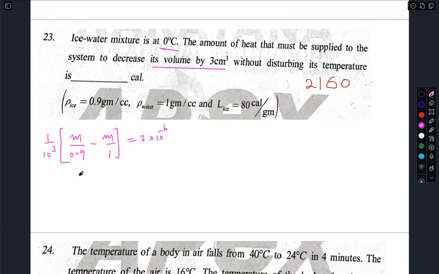So you got this one as 0.1 by 0.9, 1 by 9 times m is equal to 3 into 10 power minus 3. M is 27 into 10 power minus 3. Boys, this is grams. So 27 gram. Fine. You want the answer in terms of calorie? 27 into 80. That's what you need to supply.